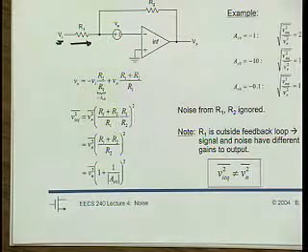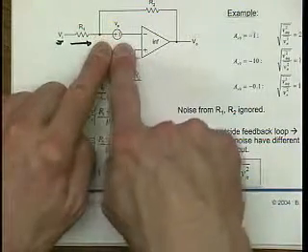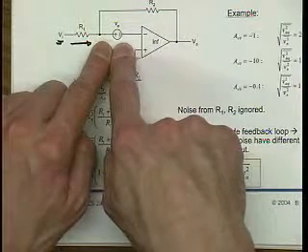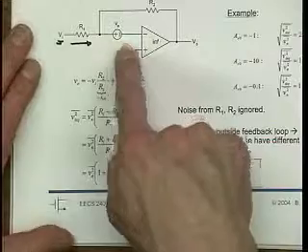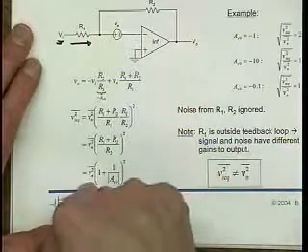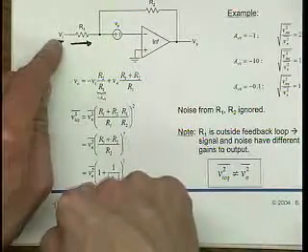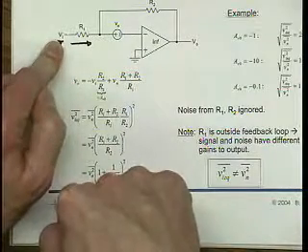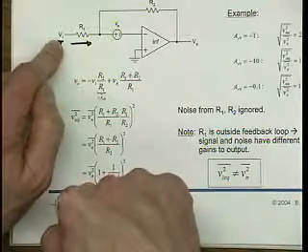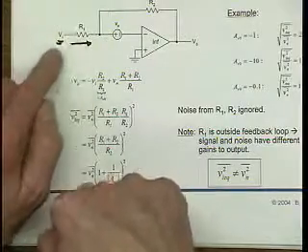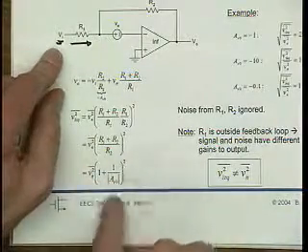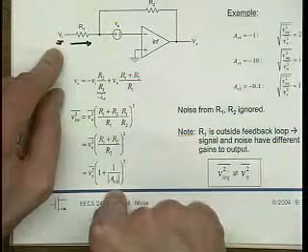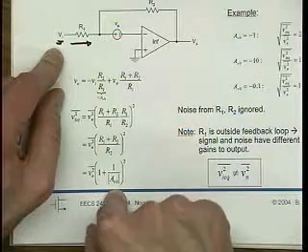Okay, so the input referred noise of the amplifier was just Vn squared. But the input referred noise of the overall circuit, and I deliberately do not use the term feedback circuit, because it's really more than a feedback circuit, the feedback circuit plus R1, is Vn times this factor here that includes the closed loop gain of the circuit.